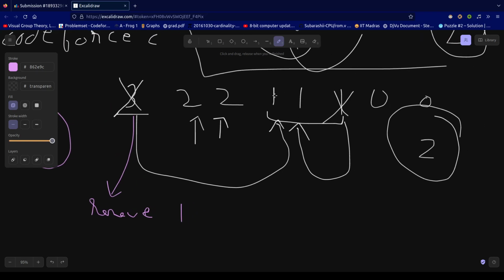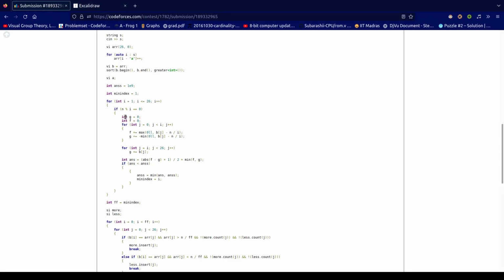And also if some element is less than n over I, that means I have to add it up. So I have 2 variables, f here and g here, and what I've done is if b over j minus n over I is positive, I'm adding it to f, and if that's negative, I'm adding the absolute value to g.